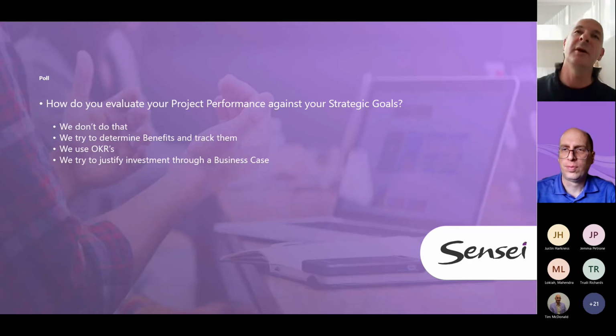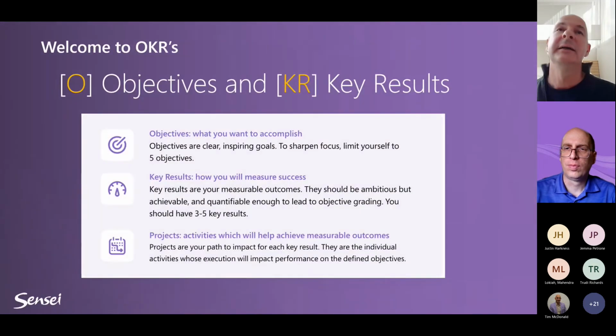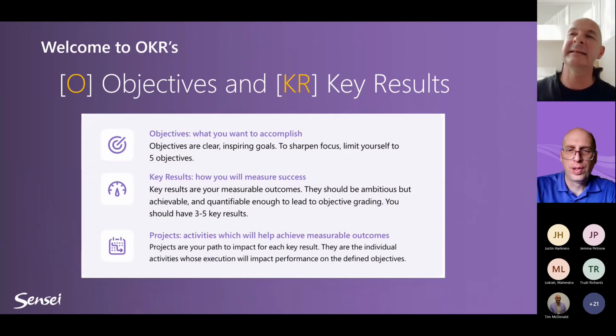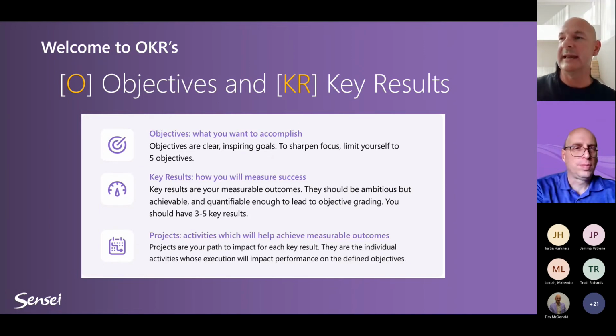So ultimately, the purpose of the OKR is to provide focus, as we've seen, transparency, and all of those things. But the key really here is that we have objectives, what we want to accomplish, and the ability to measure them. So how do we want to measure success? Now, these measurements can happen in a whole bunch of different ways.